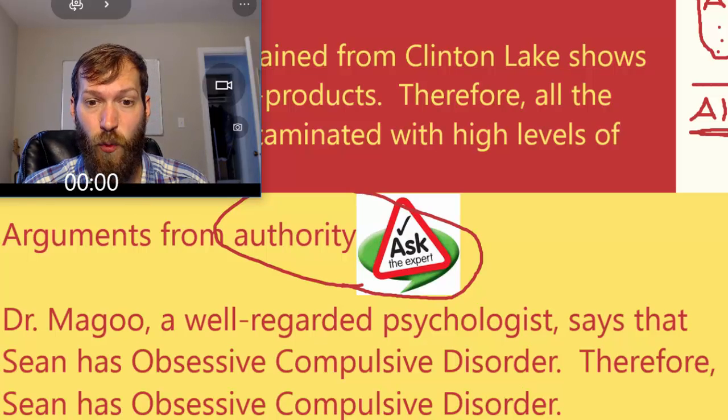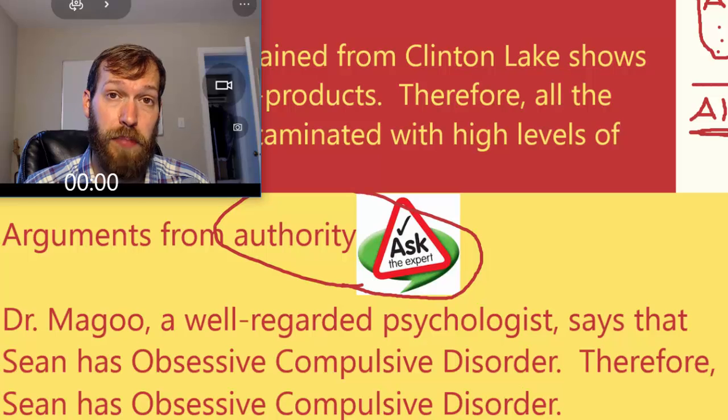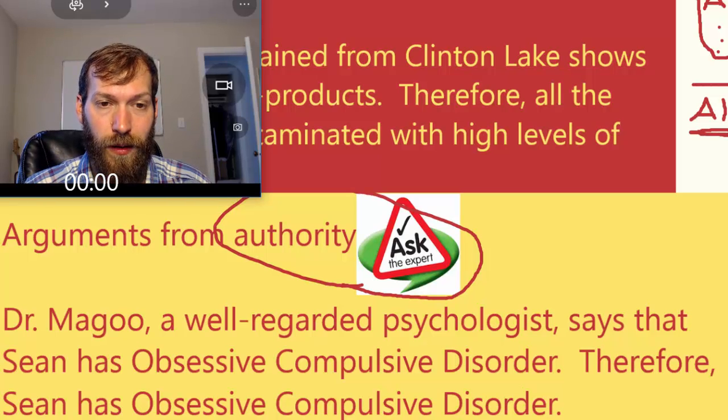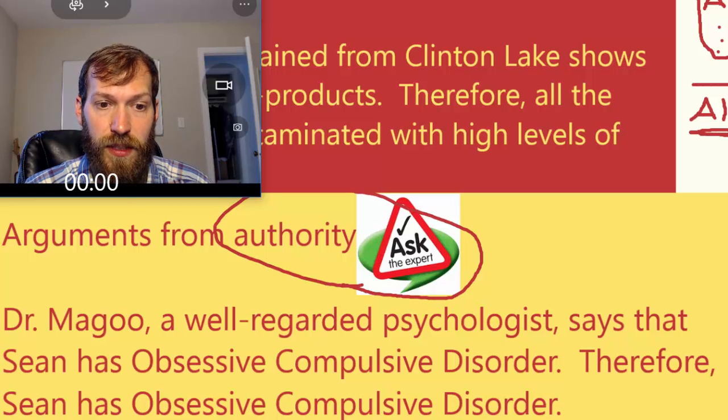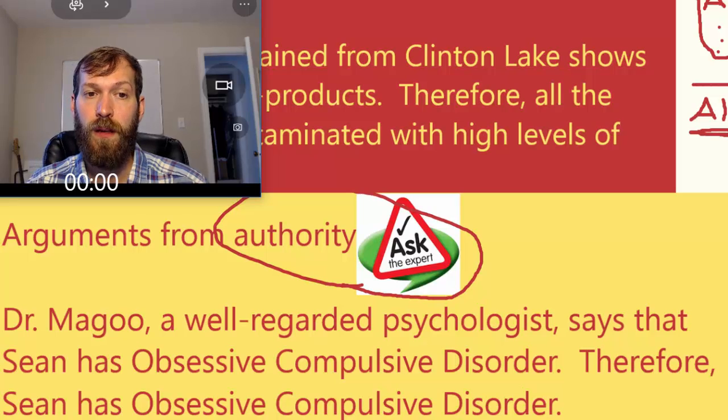We're even told that this is a well-regarded psychologist, so not only is he already an expert, but he's a particularly good expert. And he makes the judgment about Sean that Sean has obsessive-compulsive disorder. It's really likely then, it's more probable than not, given this expertise, that Sean does in fact have obsessive-compulsive disorder.